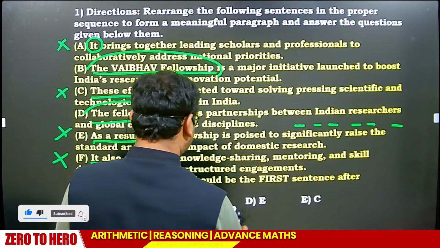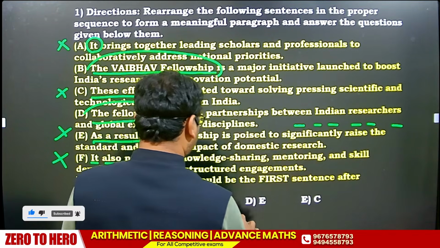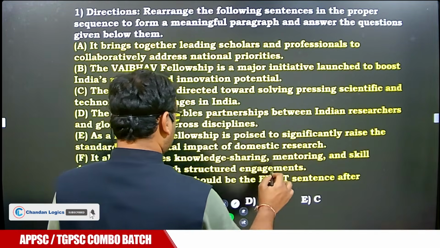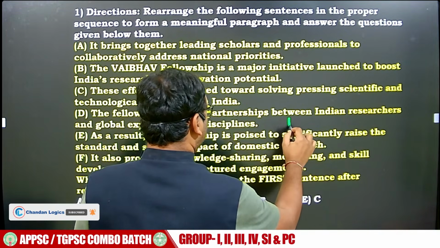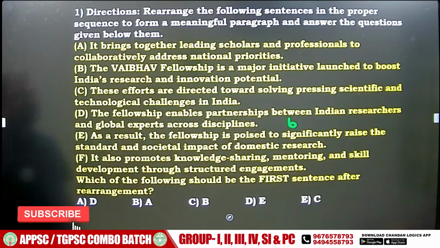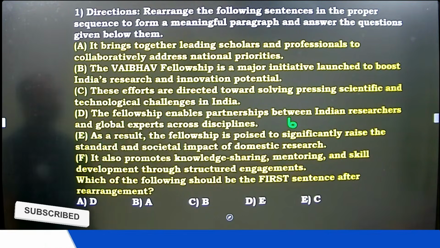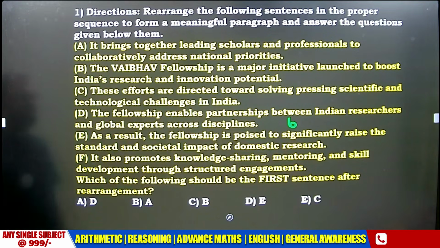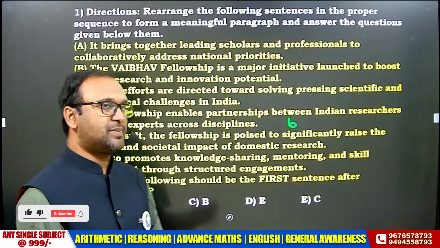So B is the first statement, done. What next? Now read the B. The IBPS Fellowship is a major initiative launched to boost India's research and innovative potential. So here you're talking about a particular fellowship.